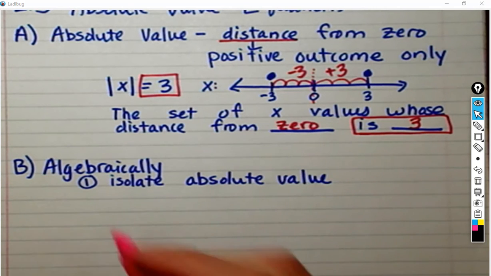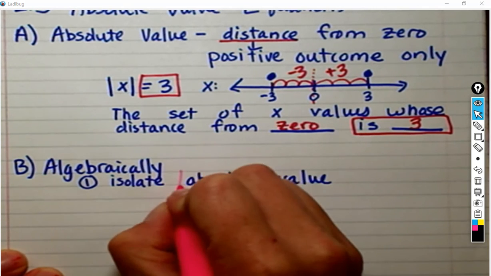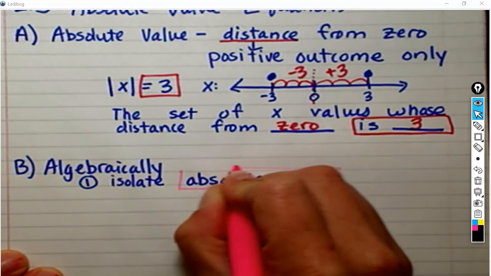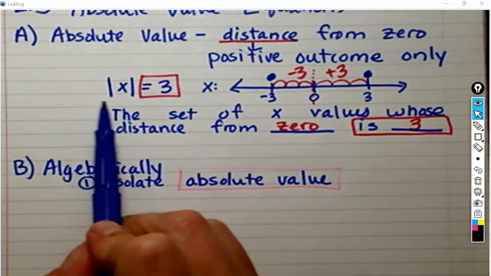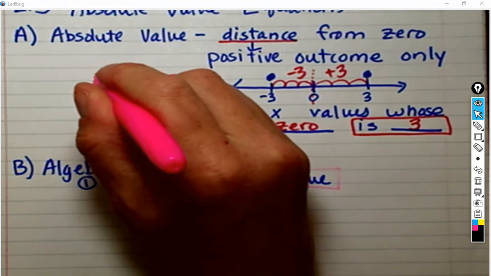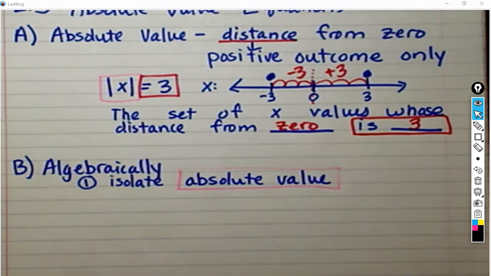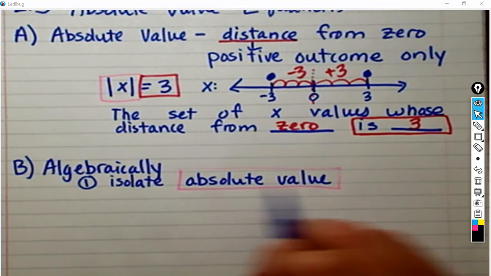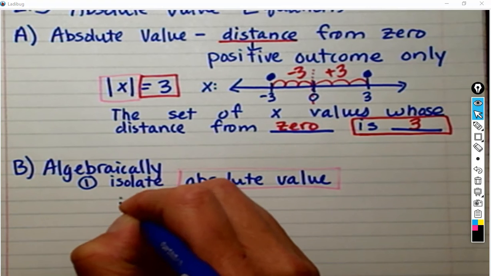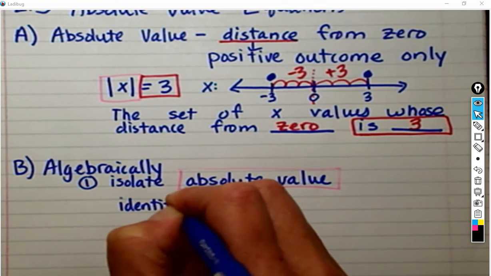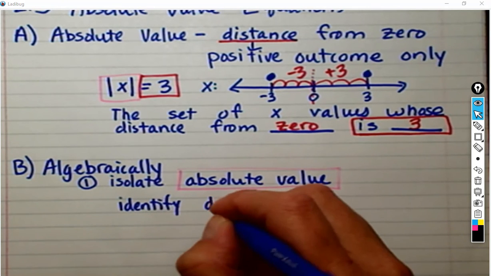Okay, so the first thing I need to do is isolate the absolute value, because that's the piece right here that is left alone, and then the distance is on the other side. So when I'm isolating the absolute value, I'm actually identifying the distance.